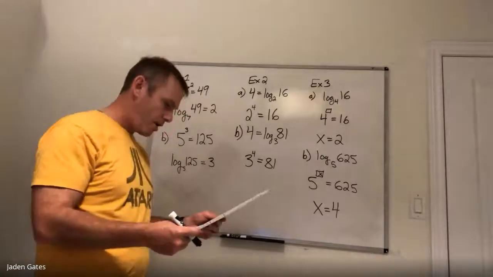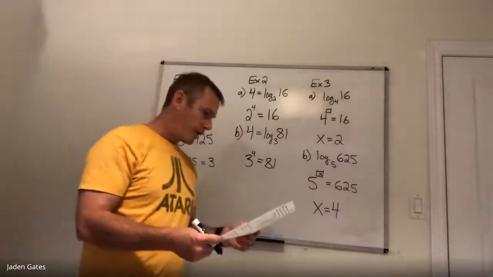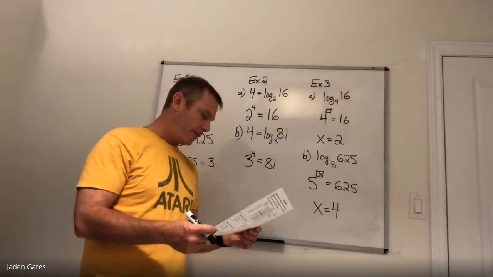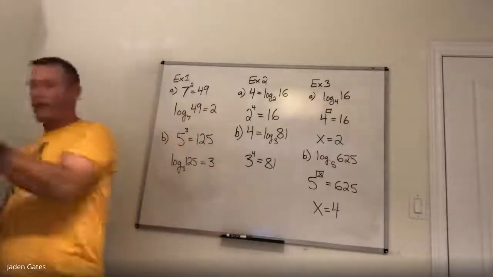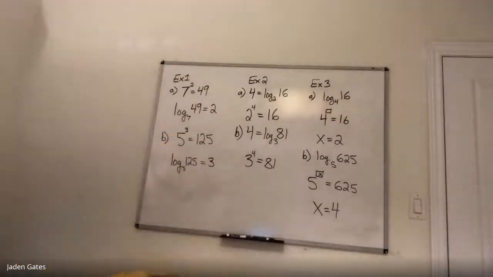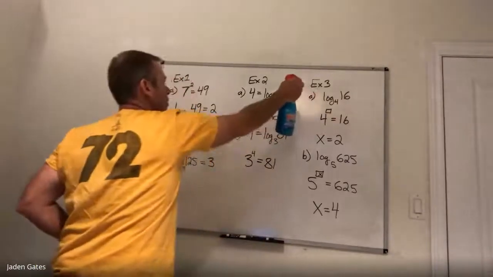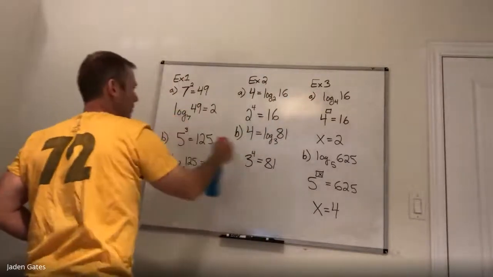So I'm going to move down to example number 6, all about the Richter scale. Again, true values, true science. So I'm going to do example number 6.